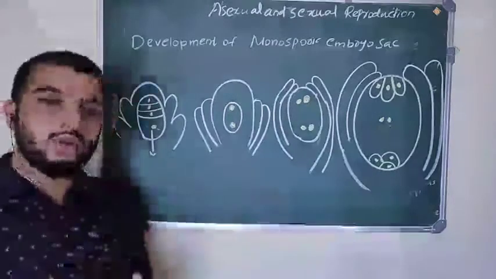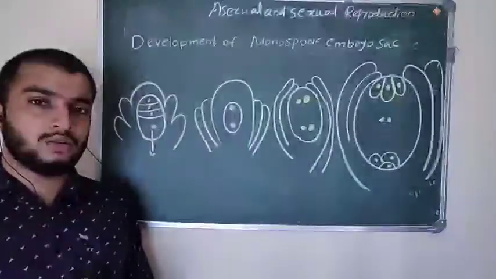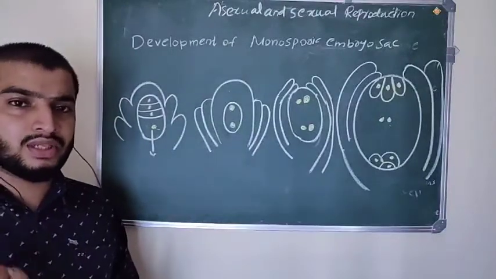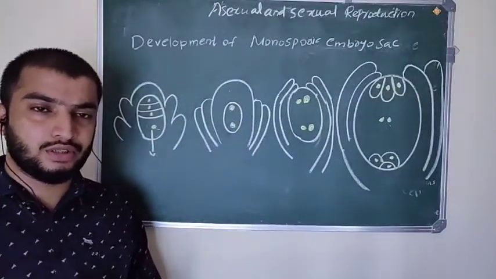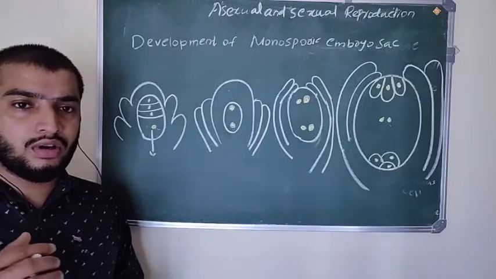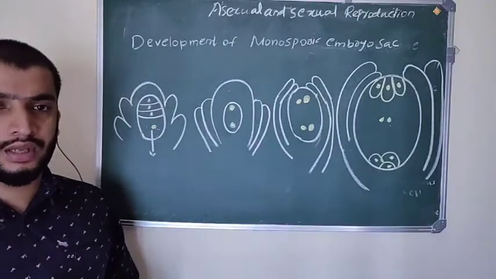So next we are going to discuss development of monosporic embryo sac. Monosporic embryo sac development is present in Polygonum species. We already covered what is monosporic embryo sac.